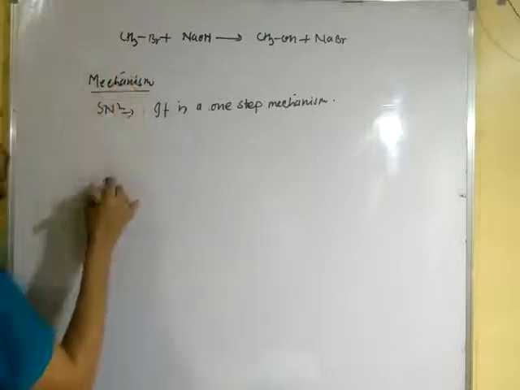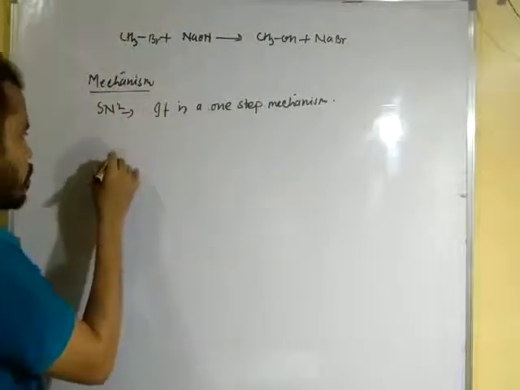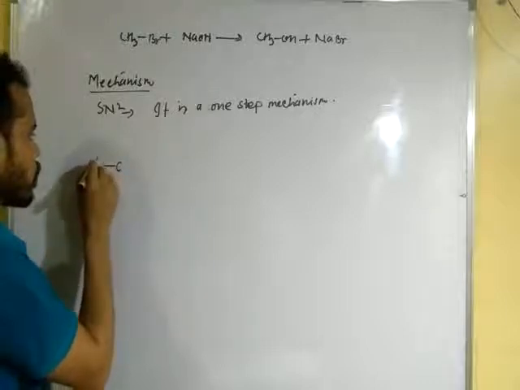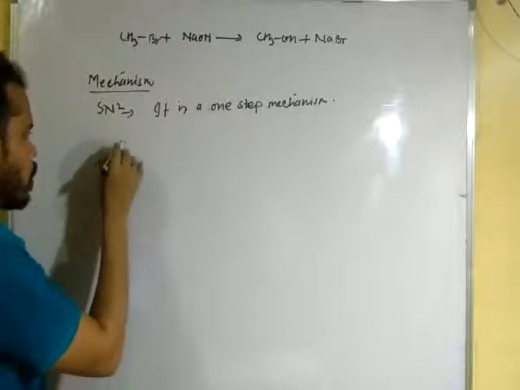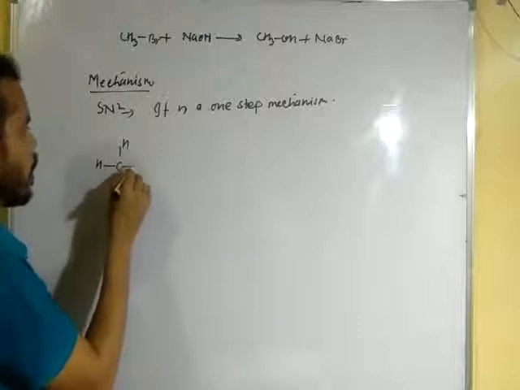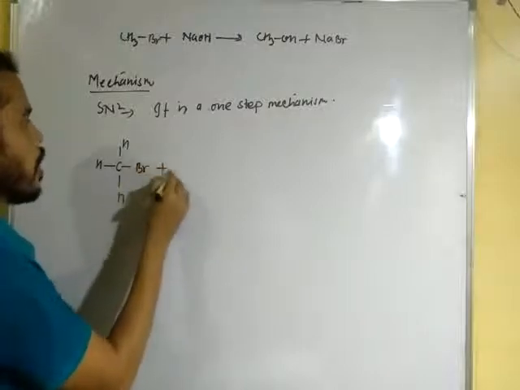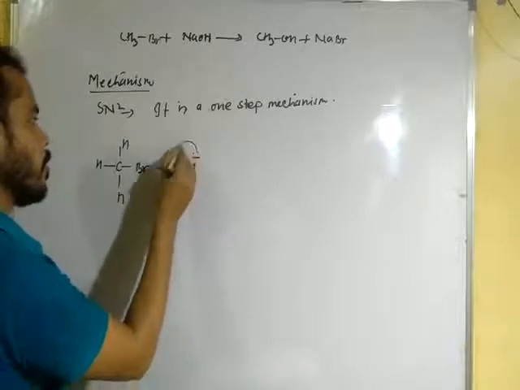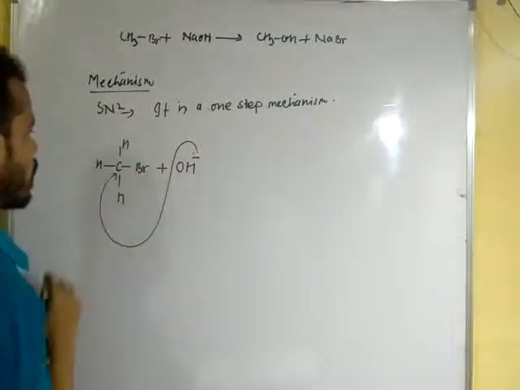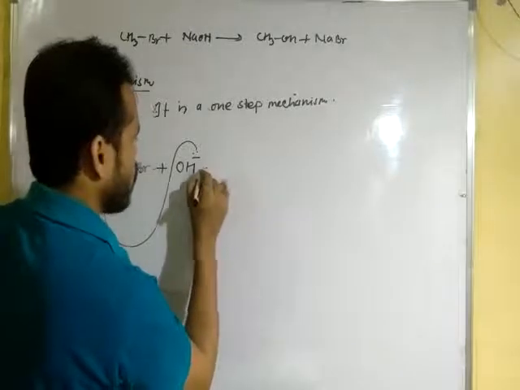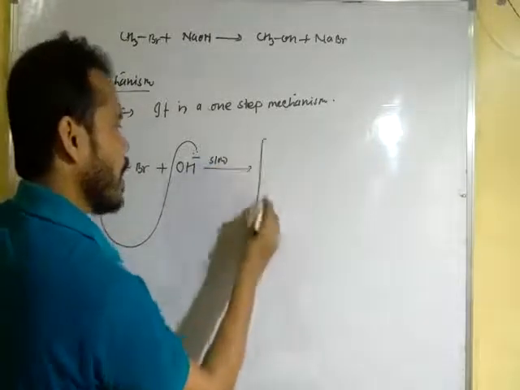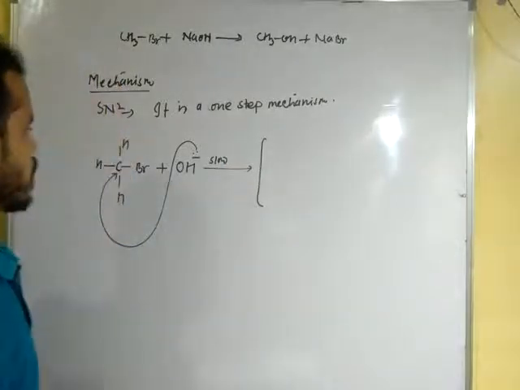Suppose here carbon, hydrogen, and here bromine and the hydroxy group. Here this is the nucleophile. It will attach to the back side of the carbon in the slowest step, and it will form an intermediate, a transition state.